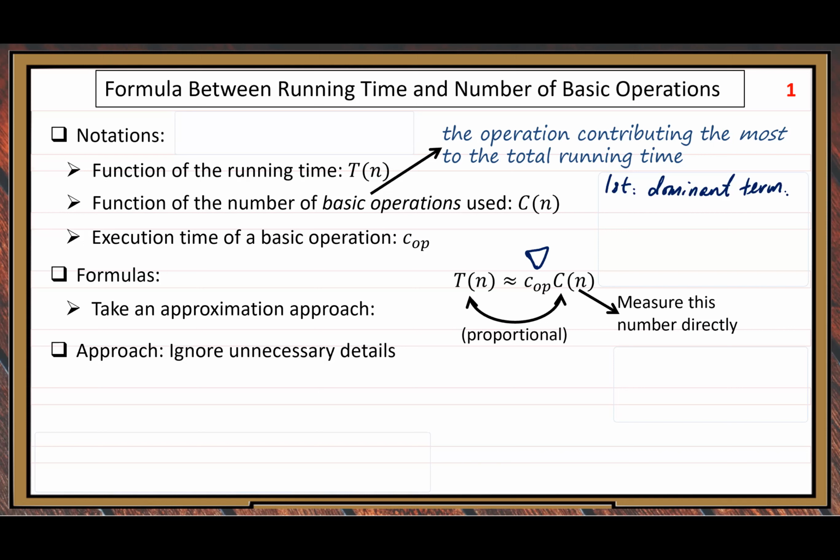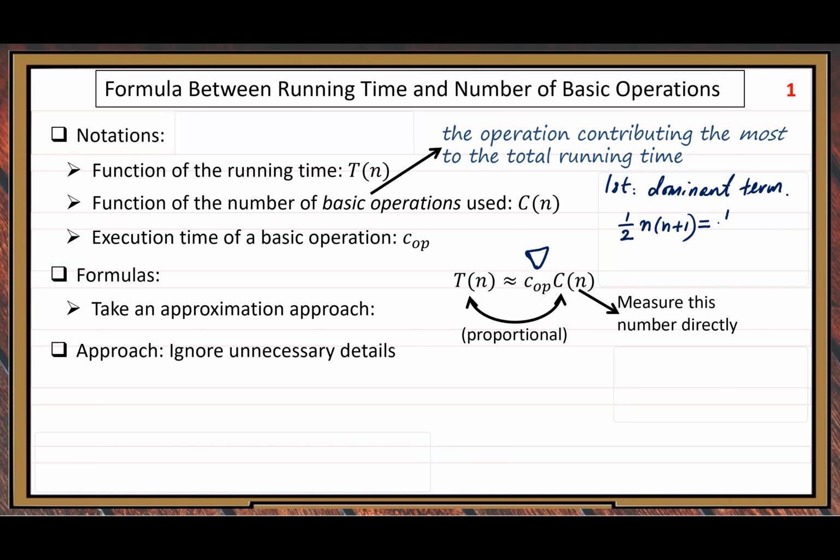Remember last time, when we counted the number of multiplications, we got a formula. In the polynomial evaluation problem, when we count the number of multiplications in our first method, we use this many multiplications.